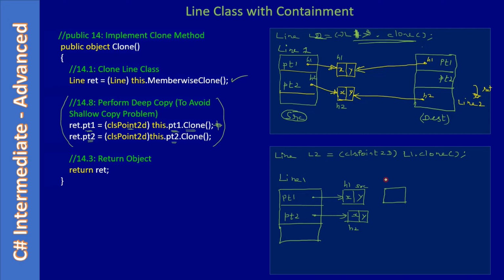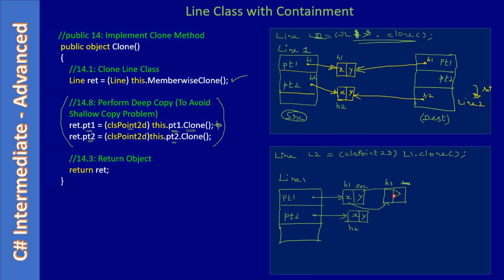Let's say that this new location is H3, a new heap location, and it copies the content. This is value type, right? So you won't see any problem here.